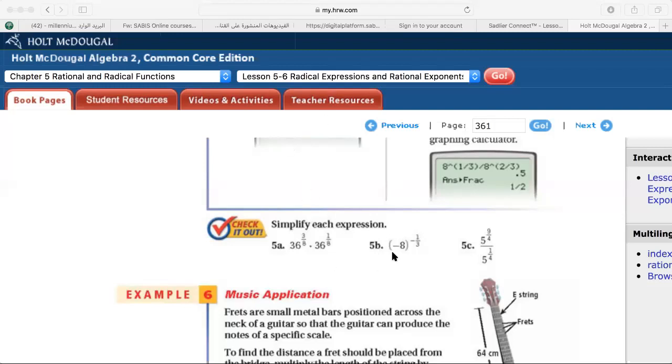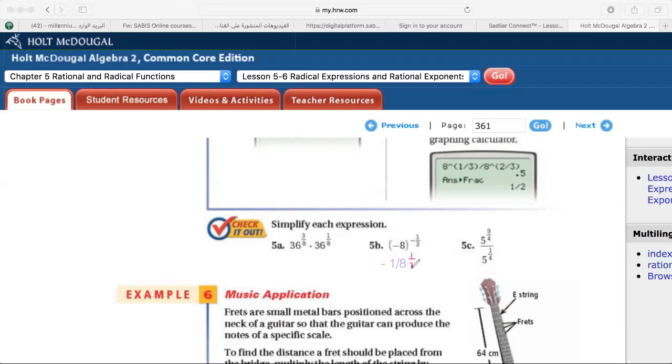So it will be negative 1 over 8 to the power 1/3.